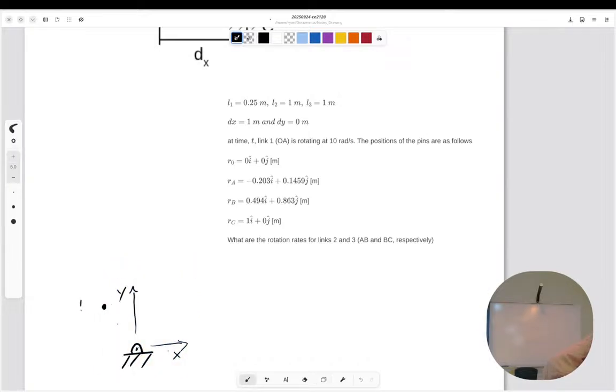So A is somewhere up here, and we have a link going from O to A. Then B, move 1/2 over, 0.8 up, so something like this. And then C is 1 meter to the right and 0 up.